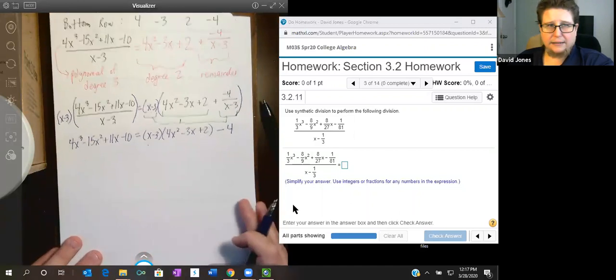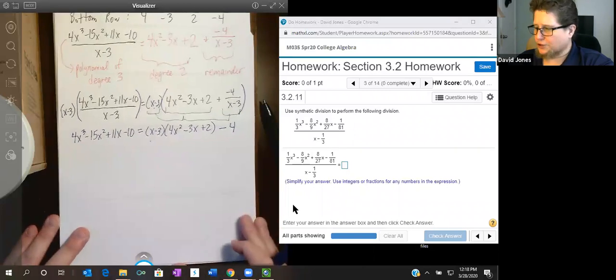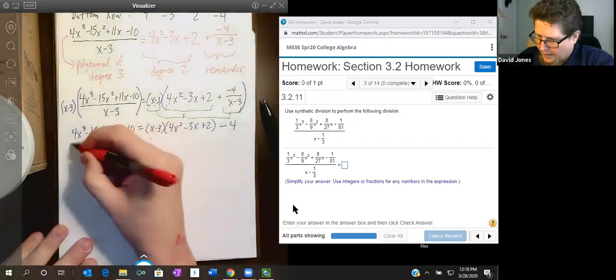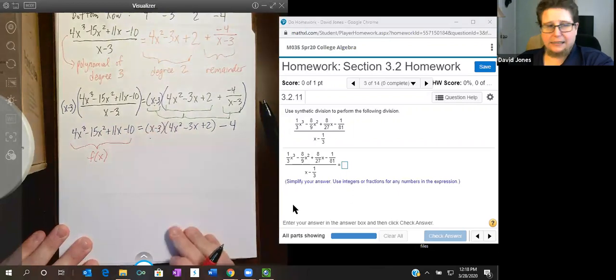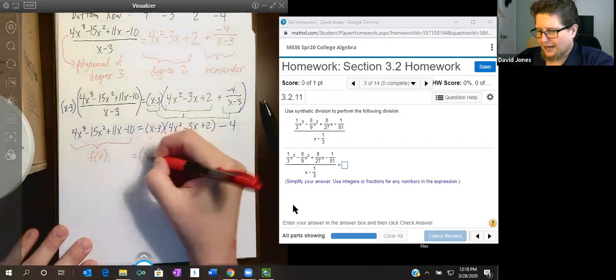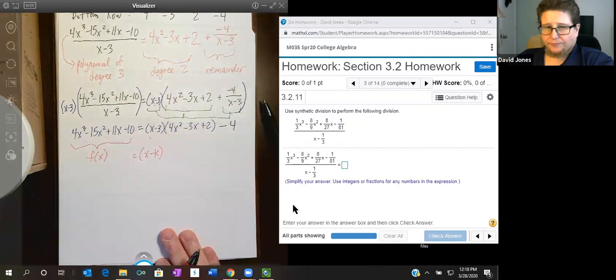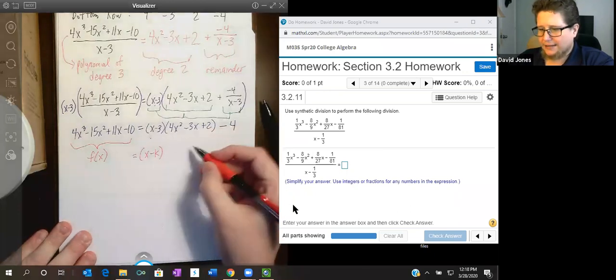Okay. I'm going to finish working that out in a second. I do want to point out something. This leads to the next idea. This here is a function of x. Right here, I have x minus k. Here I have the quotient that's left over.